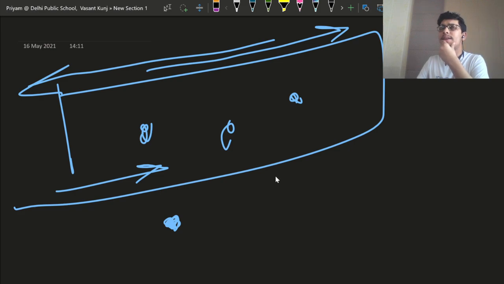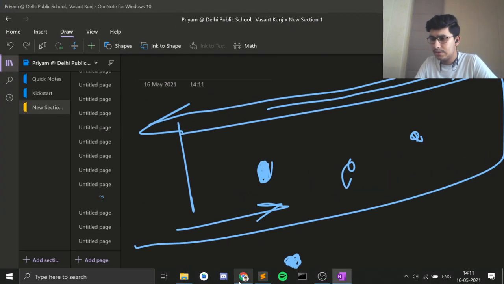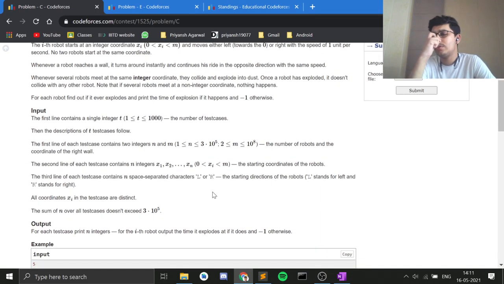Because that is just the whole process repeating itself. If they would have collided, they would have never reached that point again. And if they're reaching that point again, then the same process will repeat. So that is one observation here.